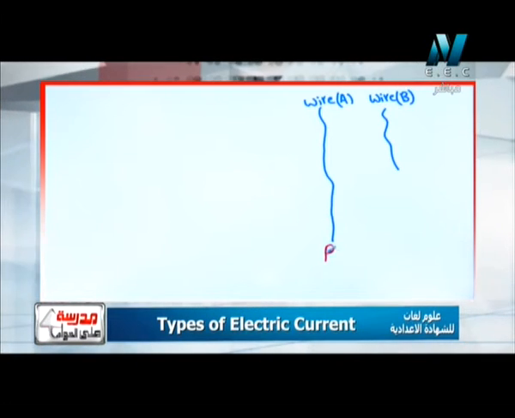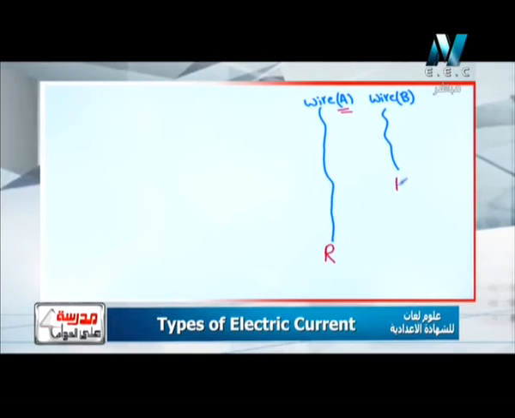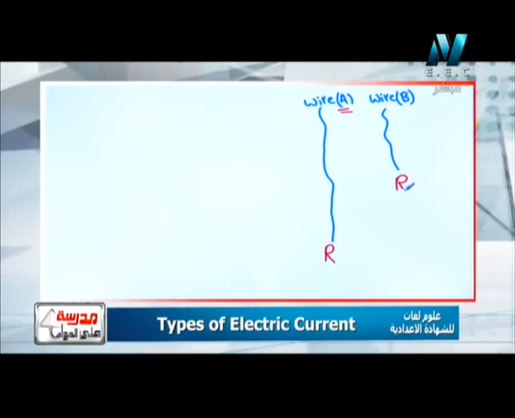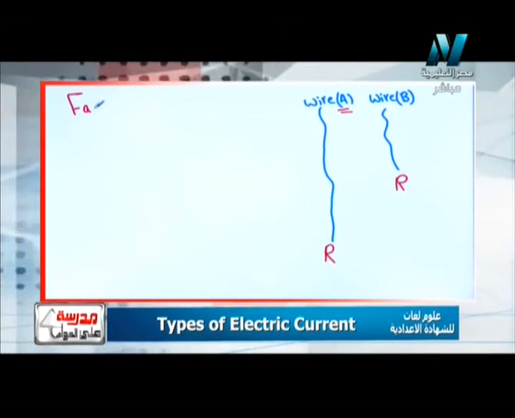Here the resistance in A is greater than the resistance in B. So here we have the factors affecting the electric resistance.